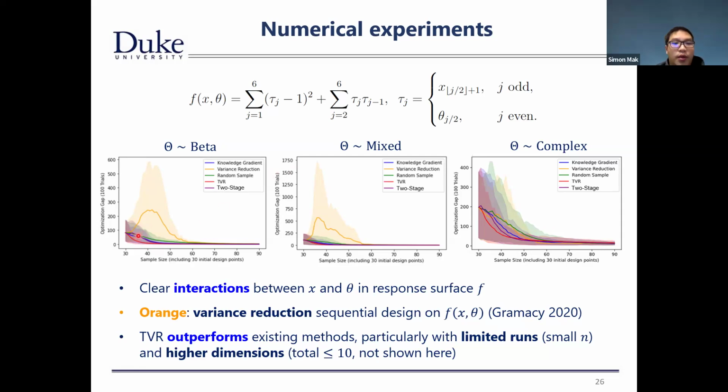And our approach, right, is somewhat able to leverage this to allow for efficient optimization performance, right, with limited samples. Okay, so we see that in this case, this does outperform all existing methods, particularly when the sample size is small. And we tried this for a higher dimension. I didn't show this here, right? But around 10 dimension for noise, 10 dimension for control. This tends to outperform existing methods in that regime as well. Okay, so that's quite promising.